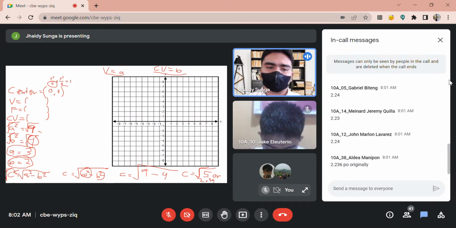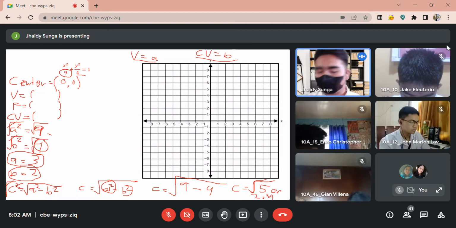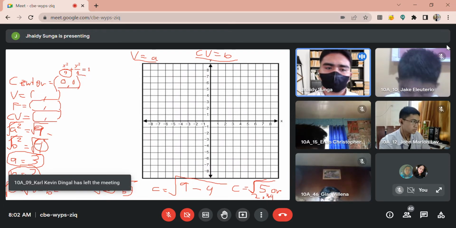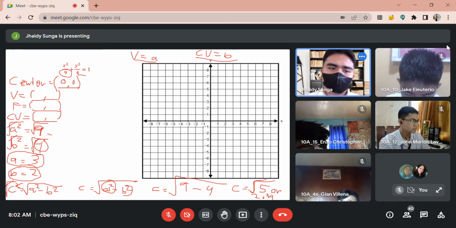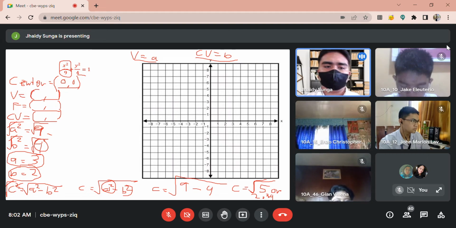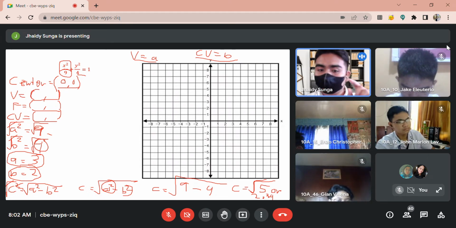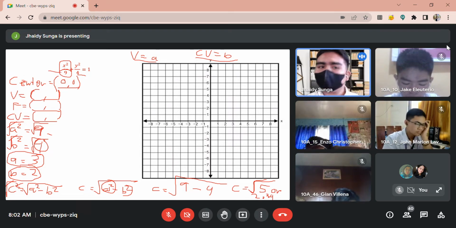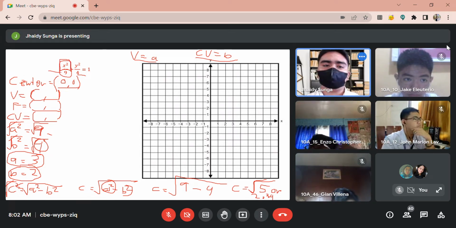And for your vertices, where are you going to base? You're going to base from the center. And in order for us to add and subtract, where are we going to add and subtract? Coming from your x-intercept or your y-intercept? Of course, x-intercept. Why? Because our major axis or principal axis is x. We could see that the 9 is located with the x value.